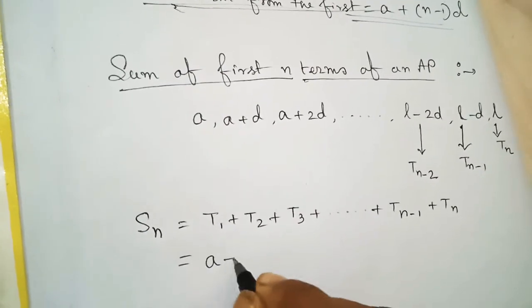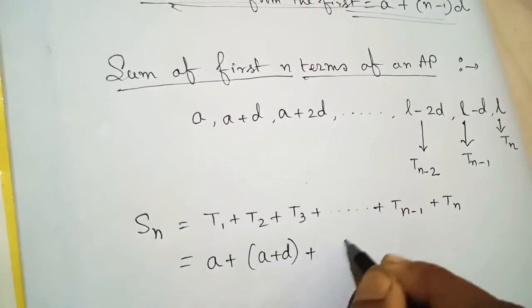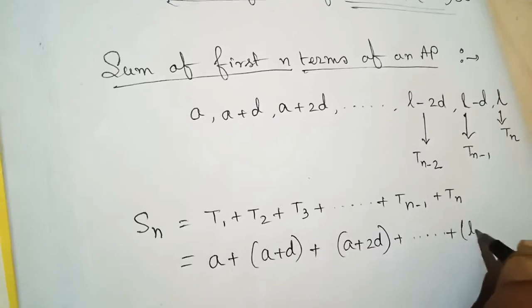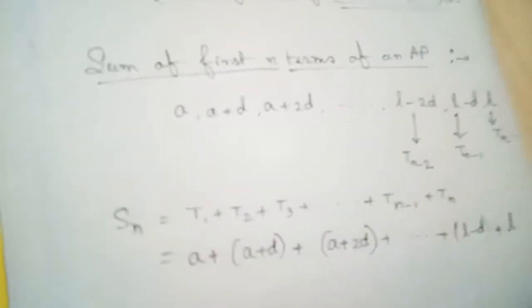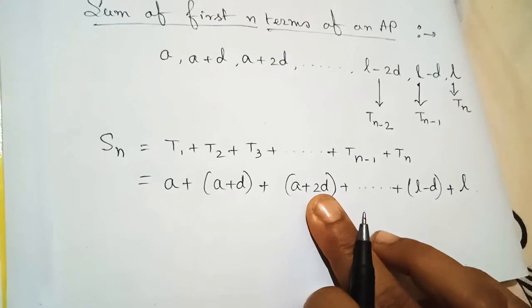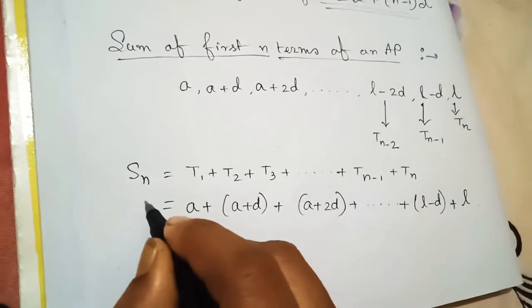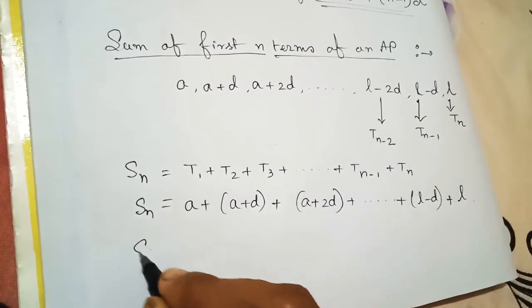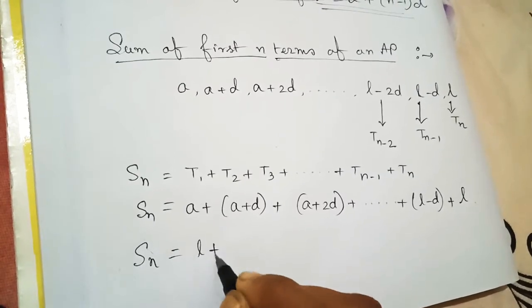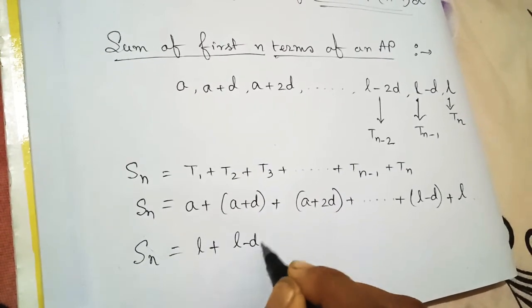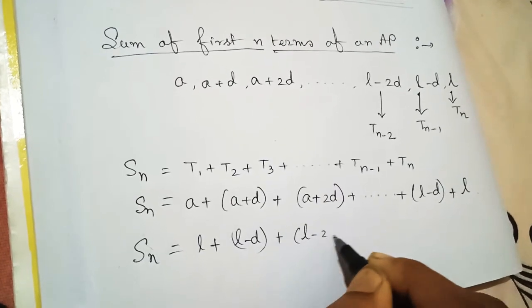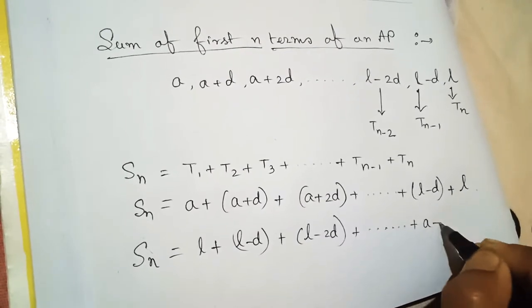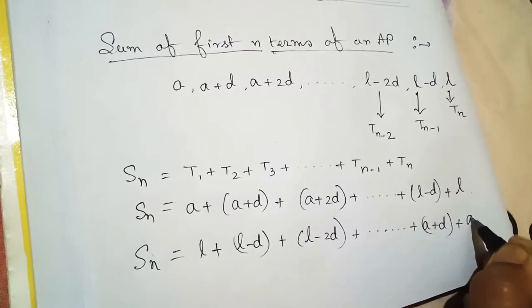So it's actually a plus (a plus d) plus (a plus 2d) plus dot dot dot plus (L minus d) plus L. Now, the same thing, if we write it in reverse way, Sn equals L plus (L minus d) plus (L minus 2d) plus dot dot dot plus (a plus d) plus a.